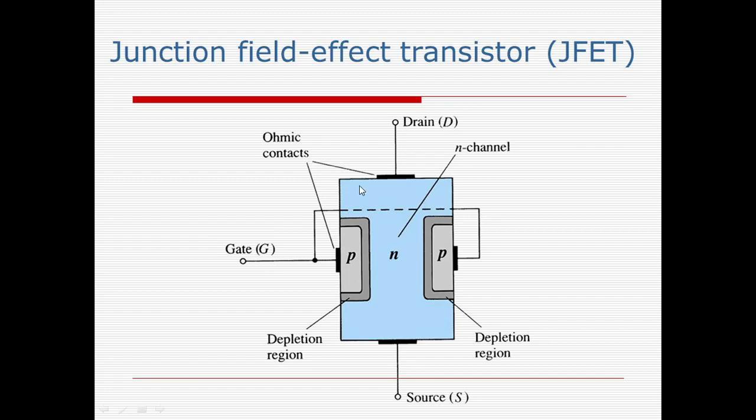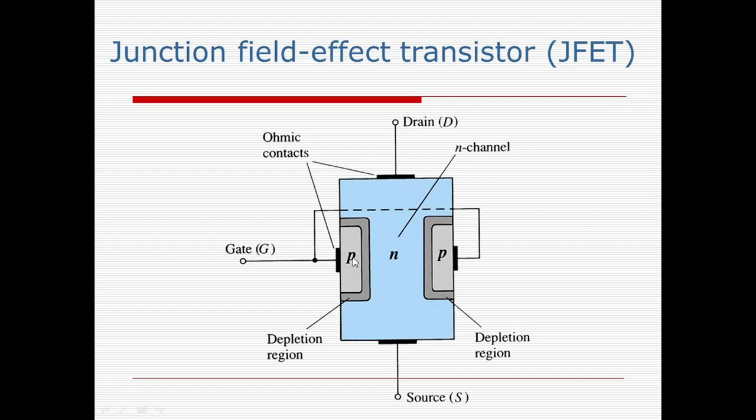The main material in this particular structure is this N-type semiconductor. Two P-type materials are embedded on these two sides of this N-type material. This N-type material is also known as a channel. As we can see here, there are two PN junctions.